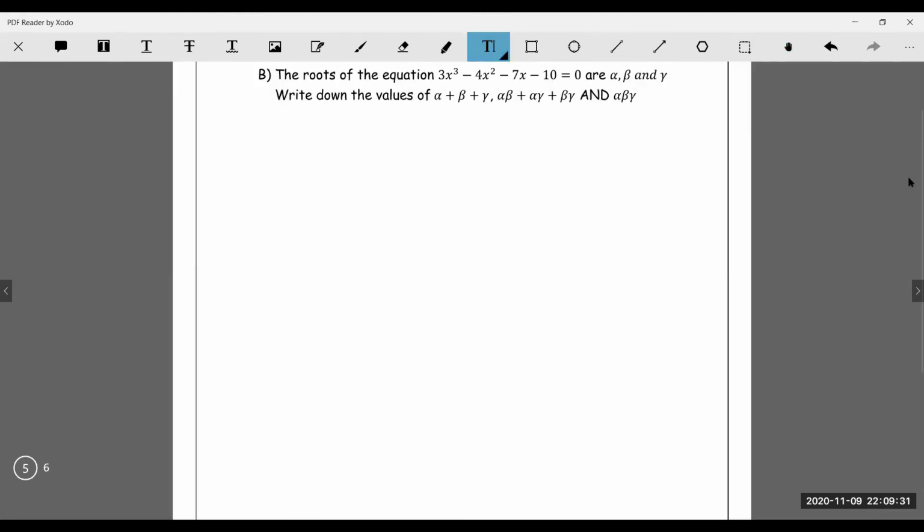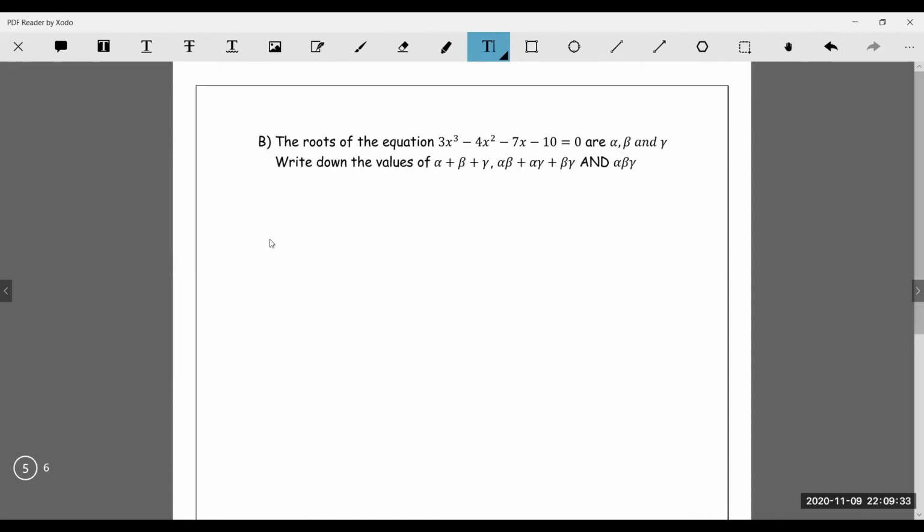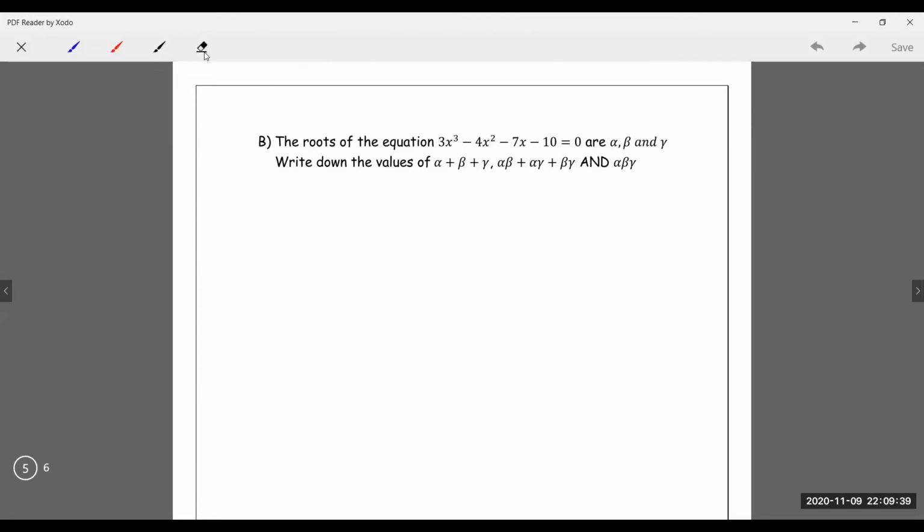So to write down the values of alpha plus beta plus gamma, that's the sum of the roots. And so alpha plus beta plus gamma, it's just minus b over a.